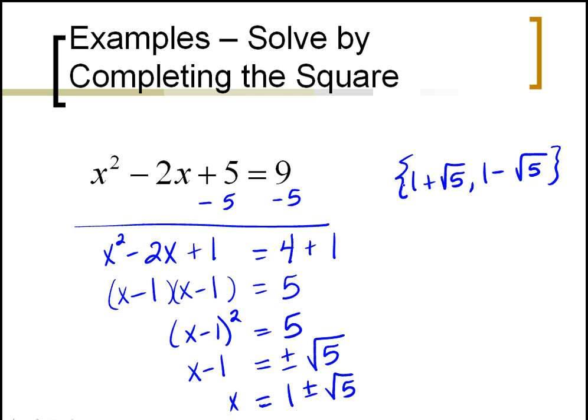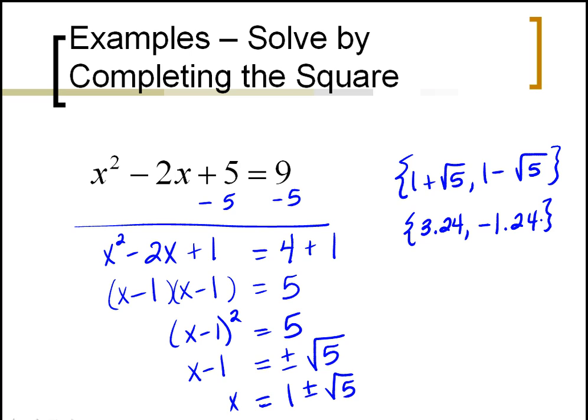Now, if you had to approximate it, you could. You'd have to use your calculator. 1 plus the square root of 5 is approximately equal to 3.24, and 1 minus the square root of 5 would be equal to negative 1.24.